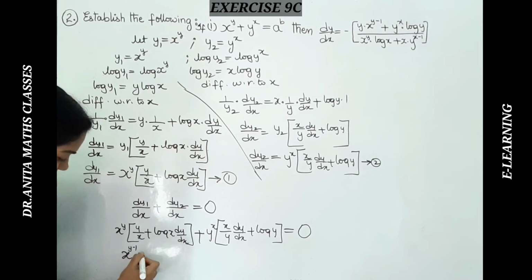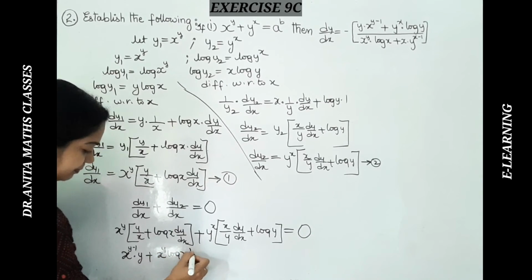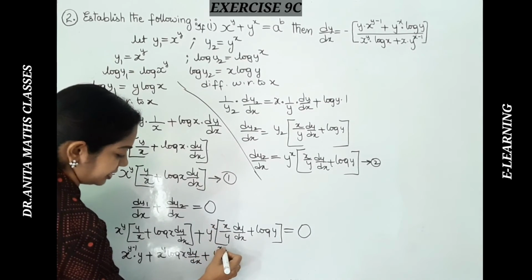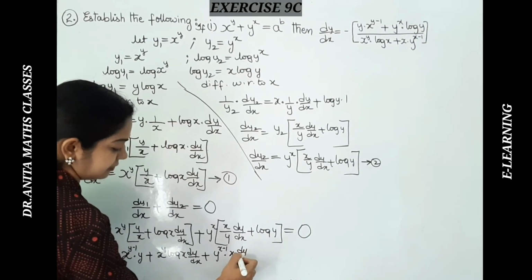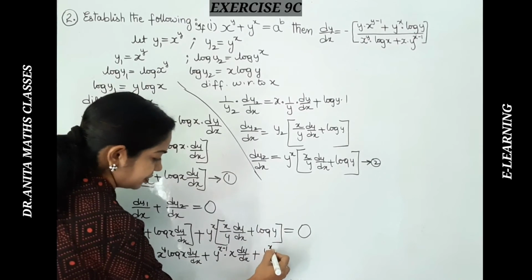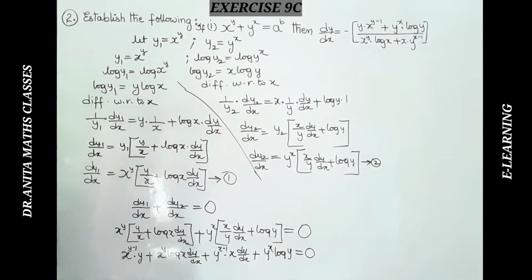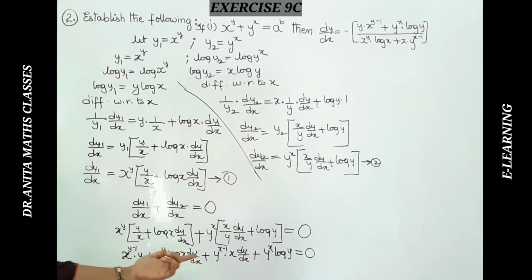Into y plus, I am multiplying this, opening the bracket, x raised to the power of y log x dy upon dx plus, here the same way, y raised to the power of x minus 1, since y is here below, into x dy by dx plus, again this multiplied y raised to the power of x log y equals to 0. According to equation 1 and equation 2, I have added them, and here we will do further simplifications.